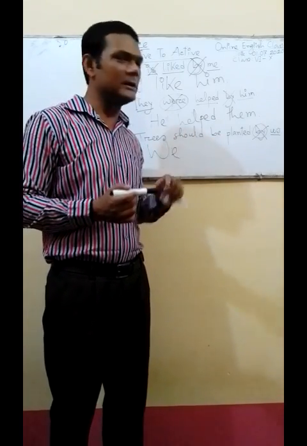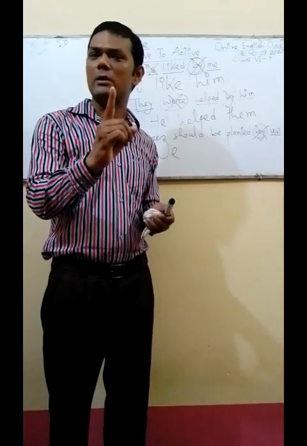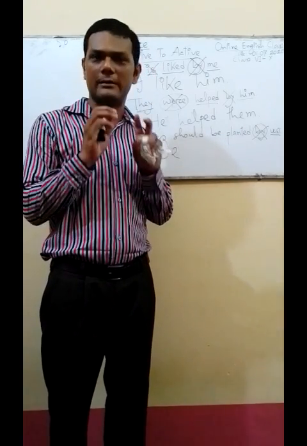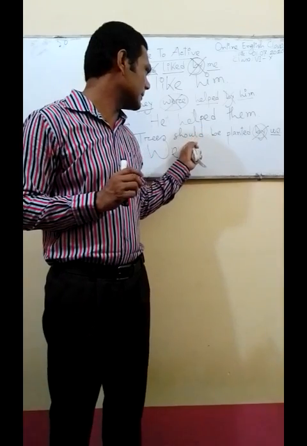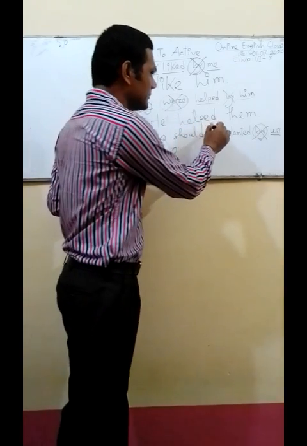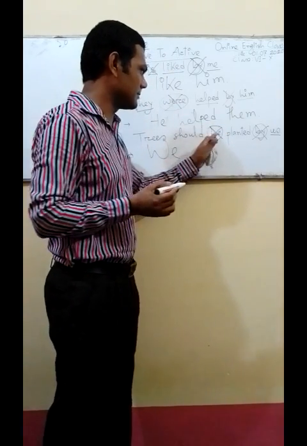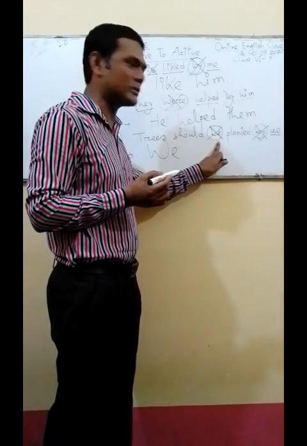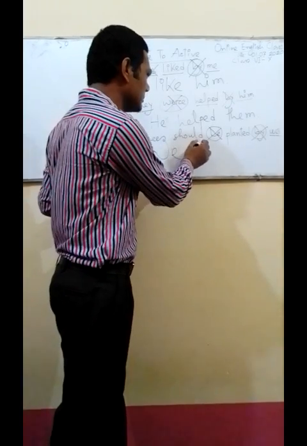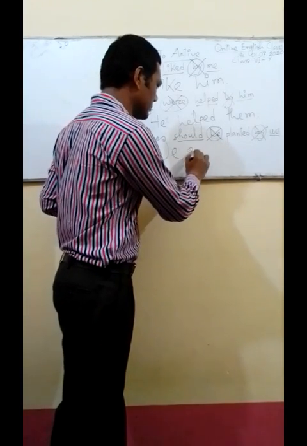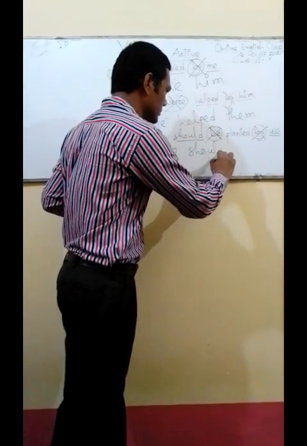If there are two auxiliary verbs, then you have to cut one and keep one. Okay, so here the auxiliary verb be should be cut, and I have to cut be, and I have to keep should. So we should.